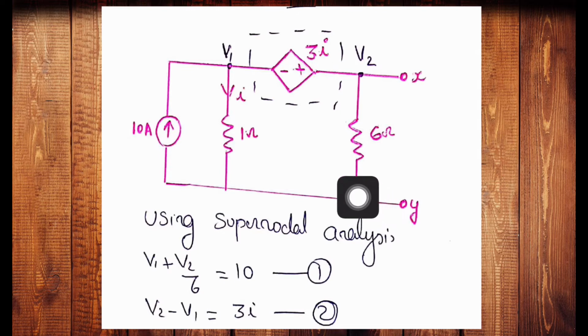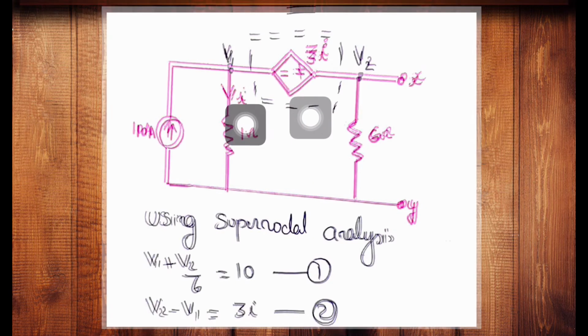You can see a dependent voltage source 3I between these two nodes V1 and V2. Due to the presence of this voltage source between these two nodes, we should go for super node method. That means these nodes V1 and V2 should be considered as a single super node and we write the KCL equation.